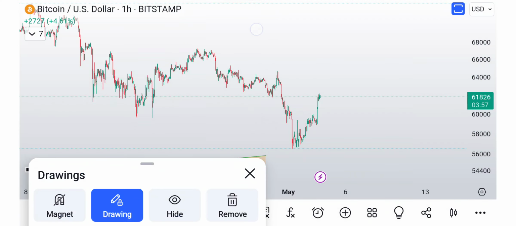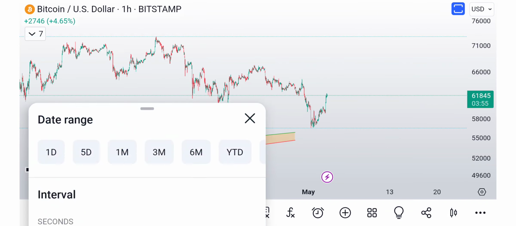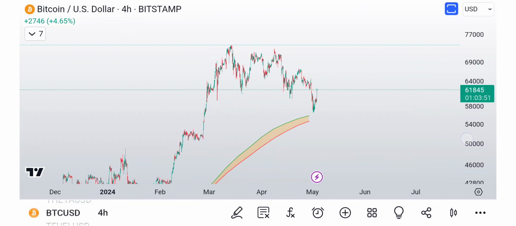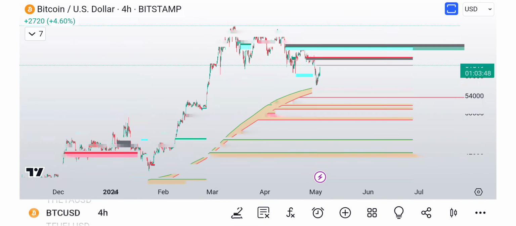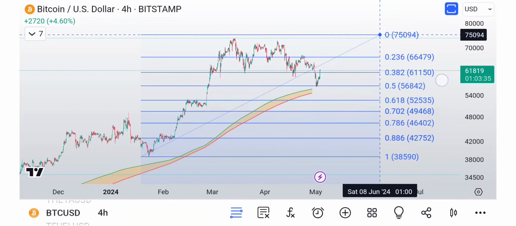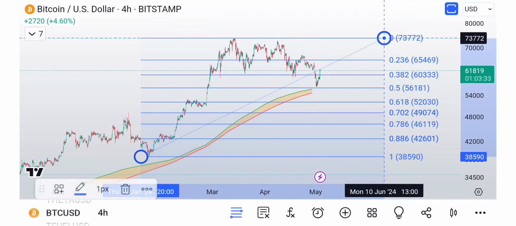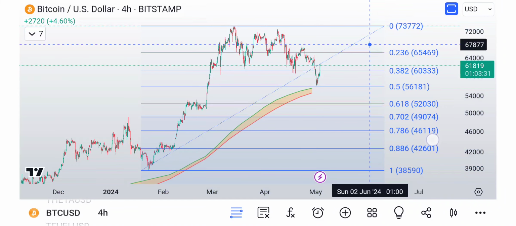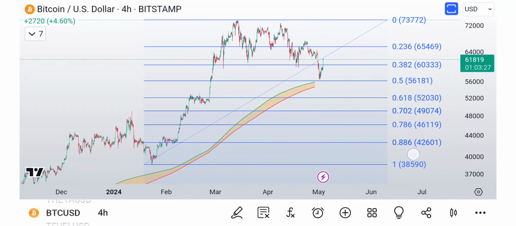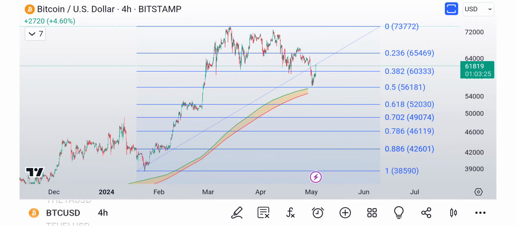Now the second one, a little bit more bearish, is we have a Fibonacci retracement, basically a 618 retrace. We hit the 50, where we came close to the 50, but we really haven't had a 618 retrace of this move.